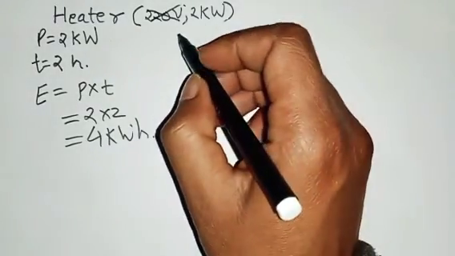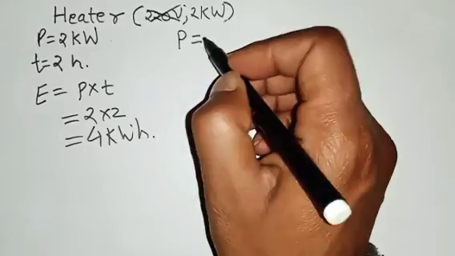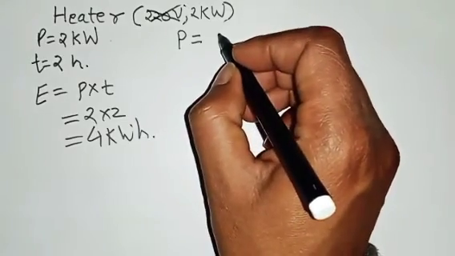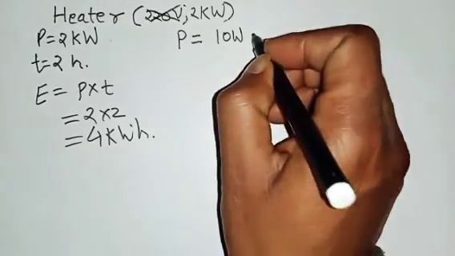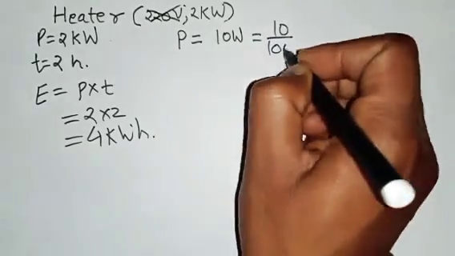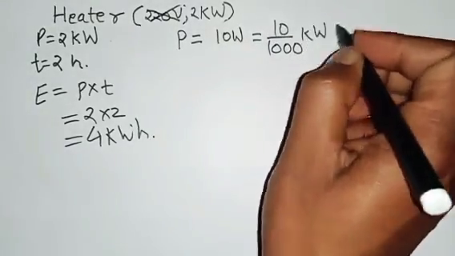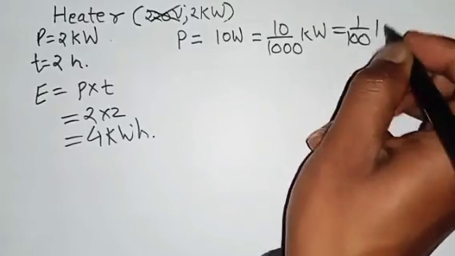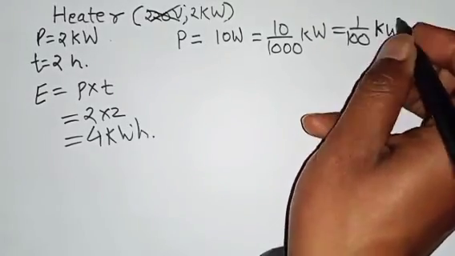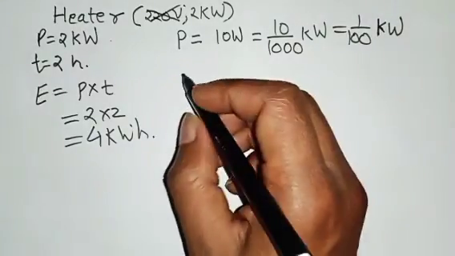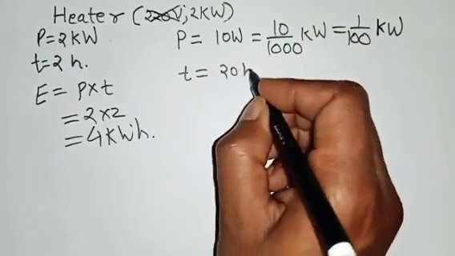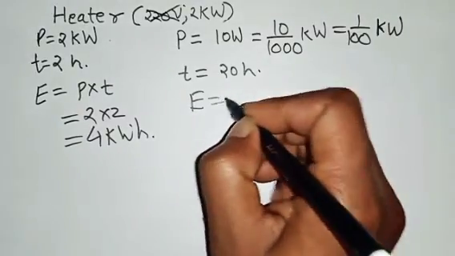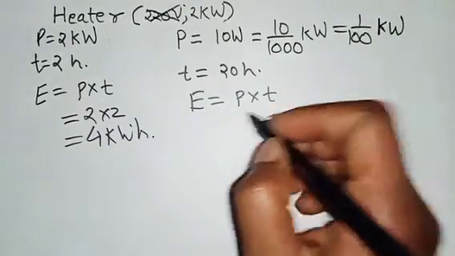And on the other hand, if you have an LED bulb of power, let us suppose 10 watt, then first convert this 10 watt into kilowatt by dividing it by 1000. 1 upon 100 kilowatt. And let us suppose you operate this LED bulb for 20 hours, then energy consumed will be power into time again.